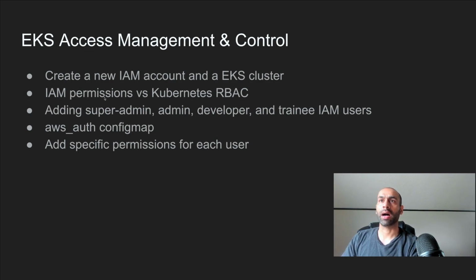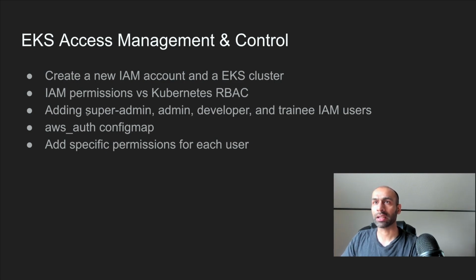So IAM permissions just let Kubernetes know who the user is. Now what the user could do within Kubernetes is defined within the RBAC permissions, that is using the cluster roles and cluster role bindings, or roles or role bindings for a specific namespace. So we saw the RBAC versus IAM permissions.